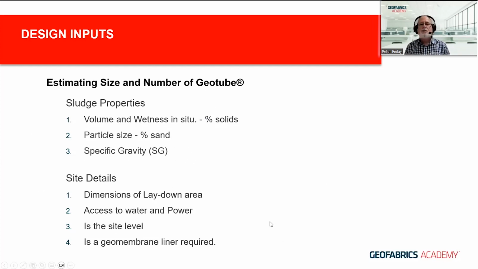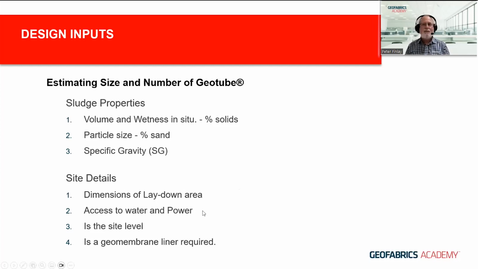The site will also dictate the size and number of geotube. If you've got a limited laydown area, it may mean that geotube is not the most suitable product to look at for that application. But if you've got a suitable laydown area, then it's definitely a potential goer.